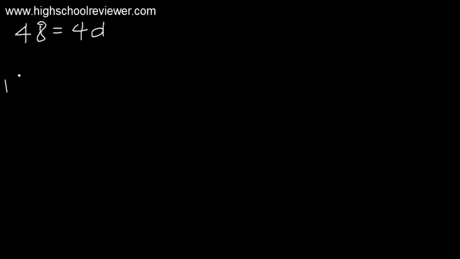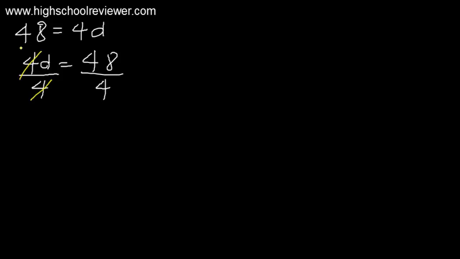So we can rearrange this. We can make this 4d equals 48. It will not change the value of the equation. So to find d, we need to cancel out 4. To cancel out 4, just divide both sides of the equation by 4. Now, 4 divided by 4 is equal to 1.